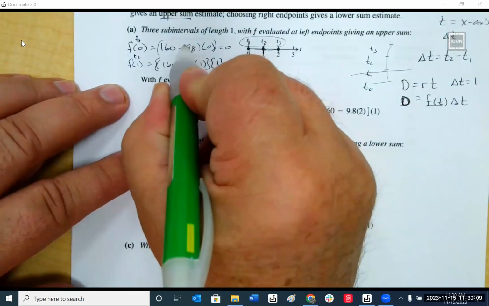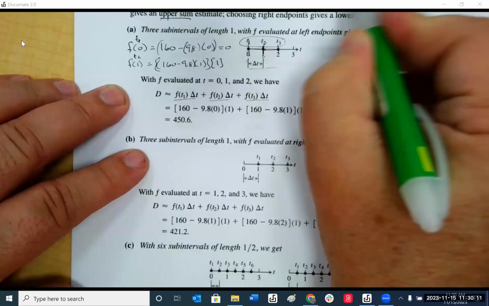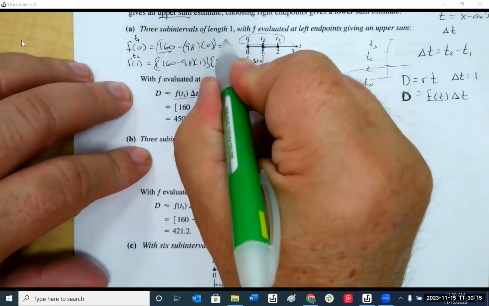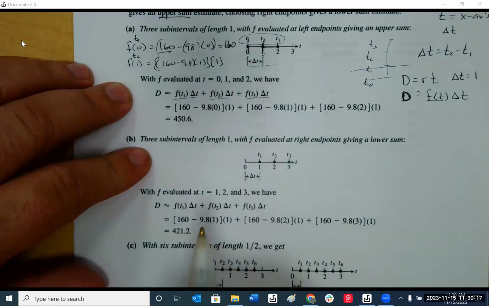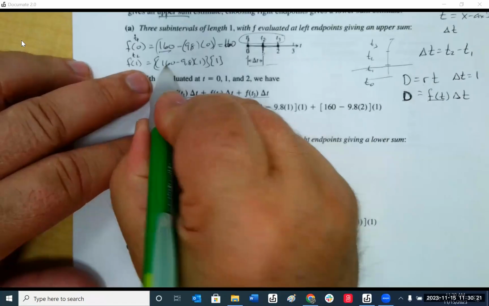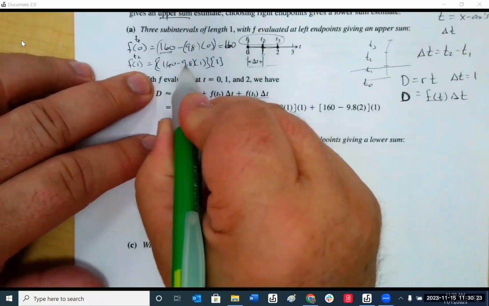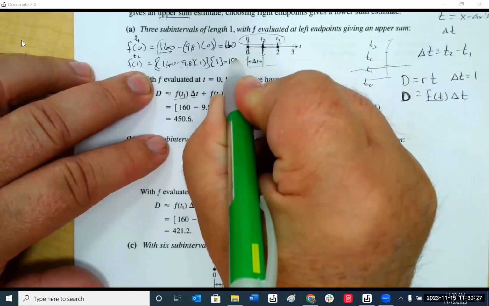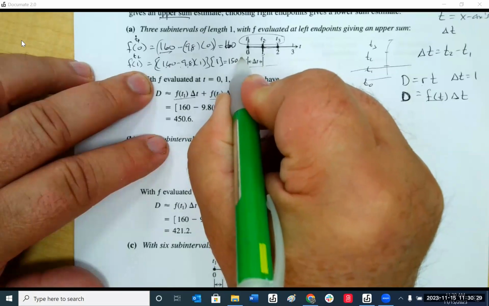Oh, no, that's wrong. This is only with the time factor. This is a constant, so this is going to be 160. Now at this one, it's going to be 160 minus 9.8, which is 150.2.